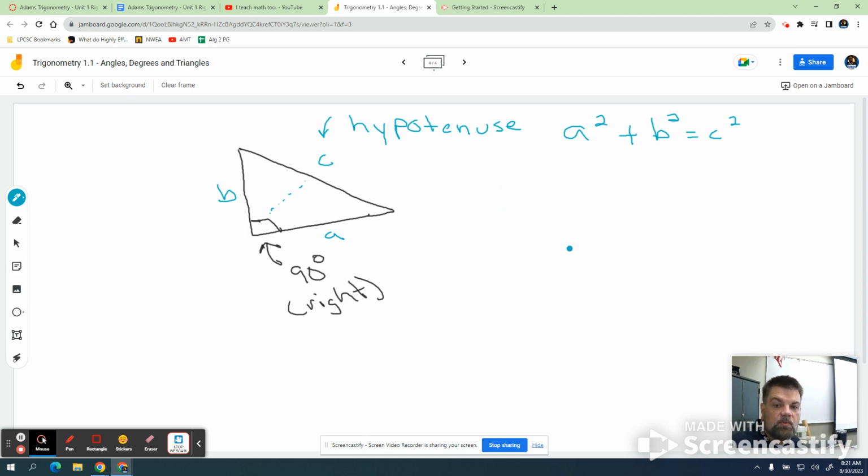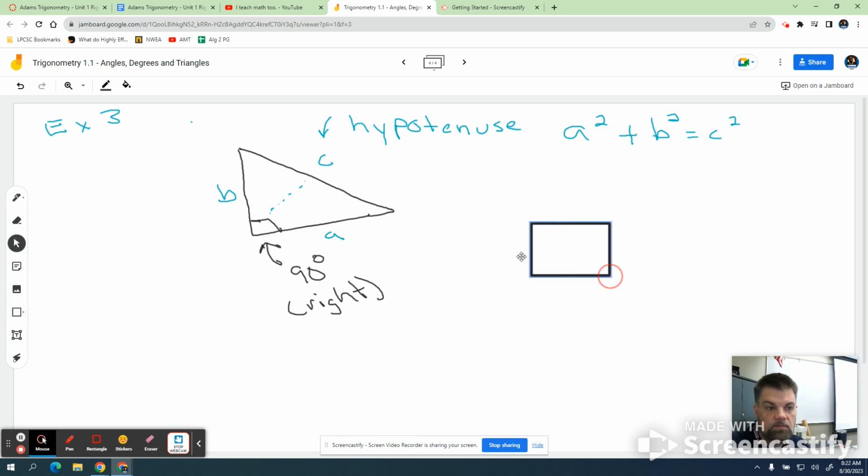So let's do an example real quick. If I have a house, and this is example 3, by the way. If I have a house, it's really difficult to draw on this tablet sometimes. Mainly because I haven't calibrated it yet.